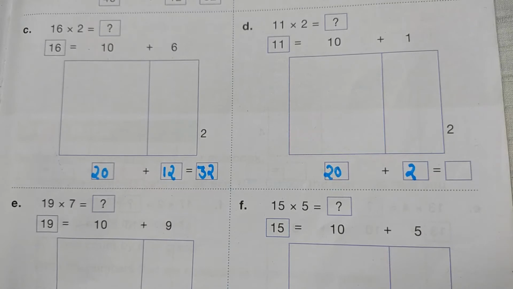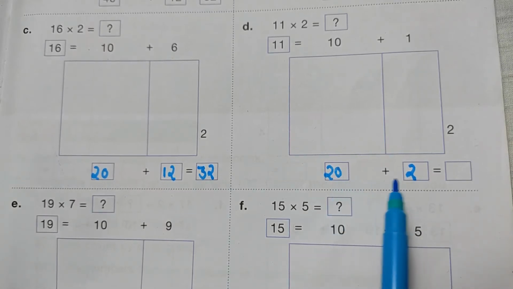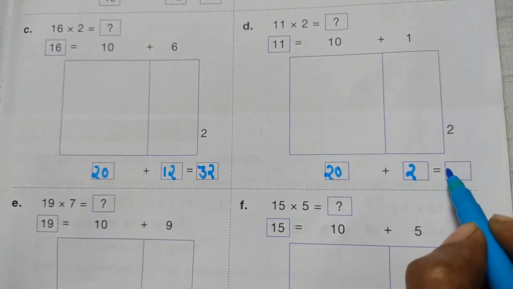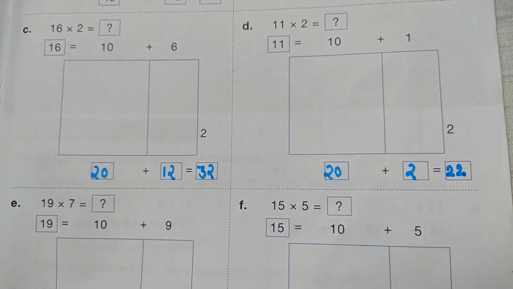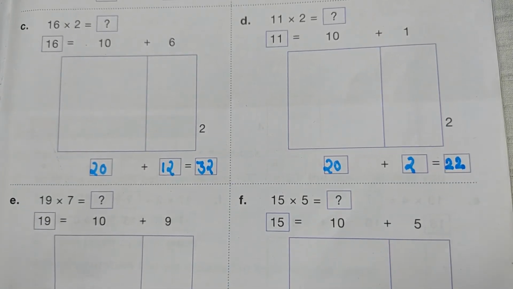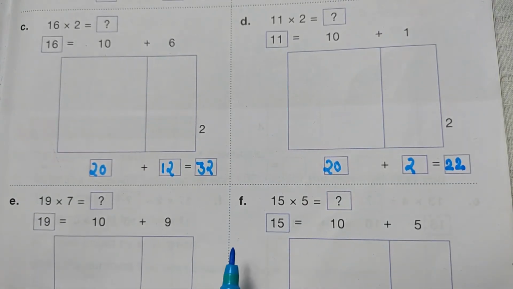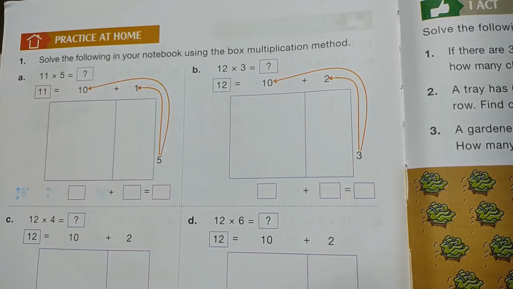Then add 20 plus 2, 22. So in this way, solve question number E and F in your maths textbook. Page number 132 is for homework.